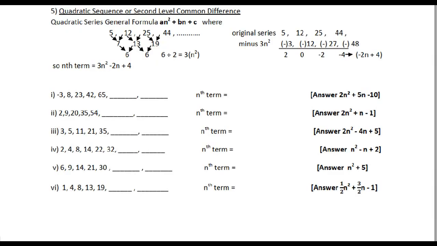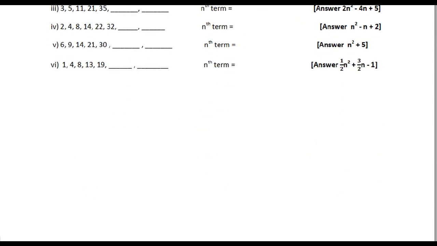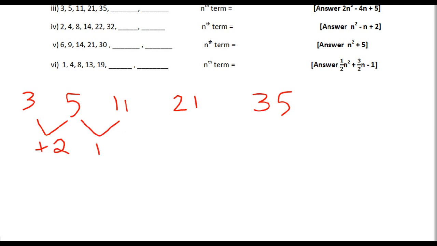The quadratic sequence, we're going to do part 3 first. So the sequence is 3, 5, 11, 21, 35. We have to add plus 2 here, plus 6 here, then 10, and then 14.